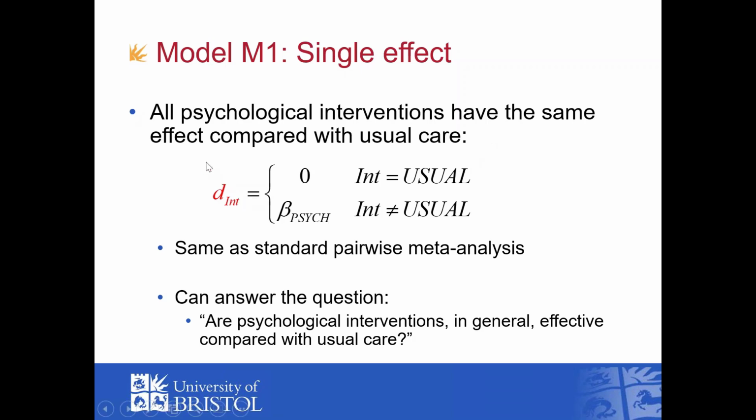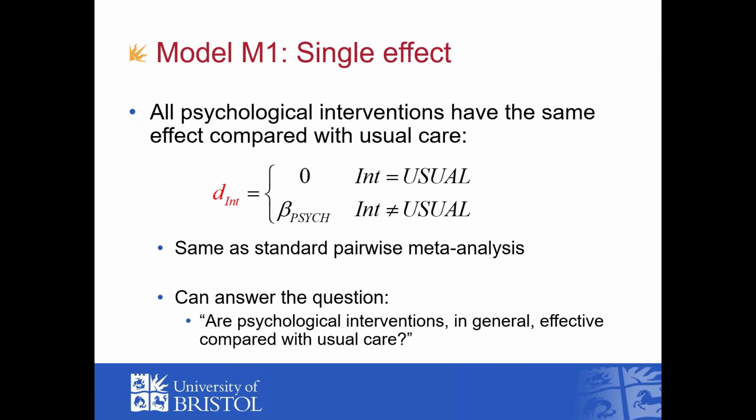So essentially all intervention effects are considered to be the same, and it's just the same effect of a psychological intervention compared with usual care. This is exactly the same thing that would be done in a standard pairwise meta-analysis. And it answers a useful question: are psychological interventions in general effective compared with usual care? And that's a question we might be interested in.